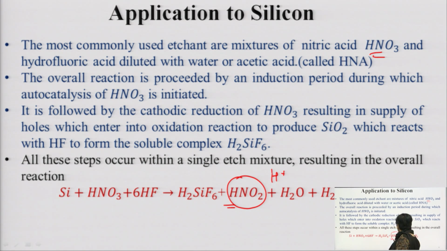Now, this is an autocatalytic reaction, it keeps on regenerating HNO2, which again produces holes, and from holes again HNO2 will form, and that is how the reaction happens over here.